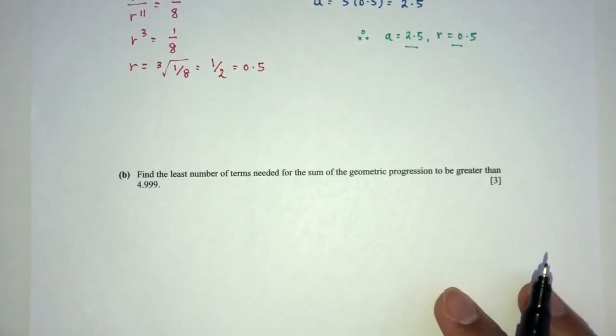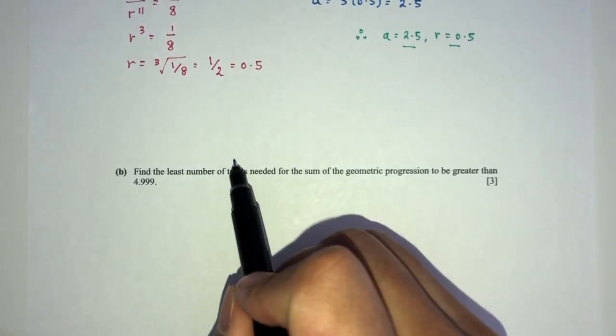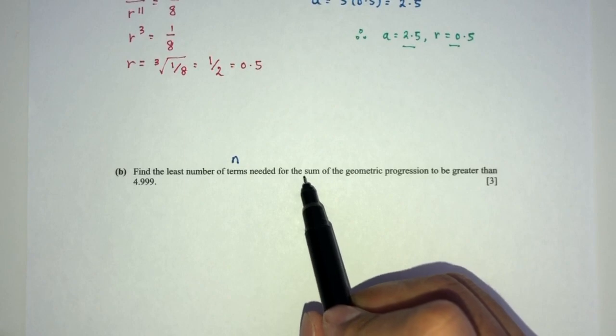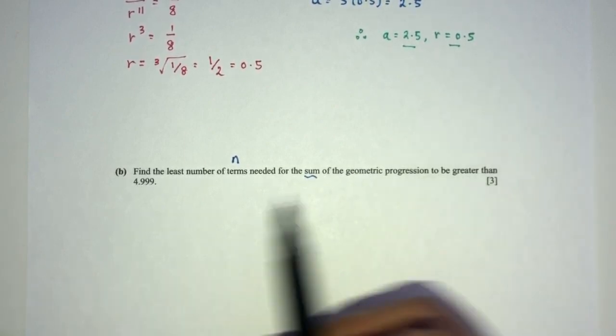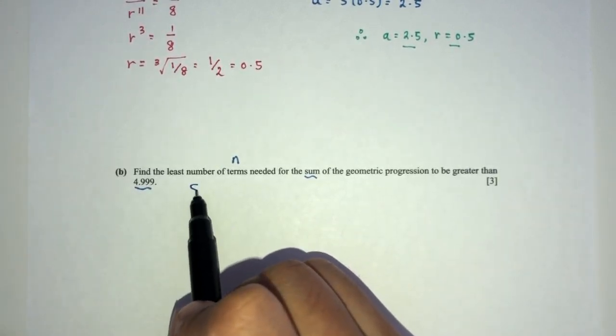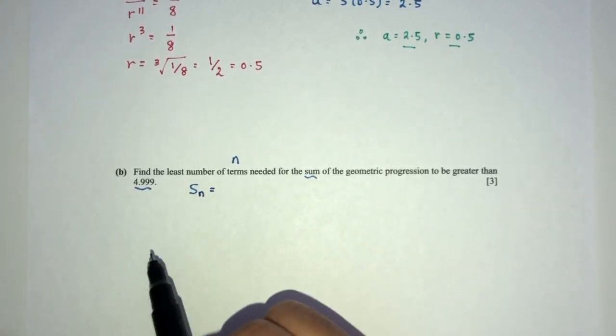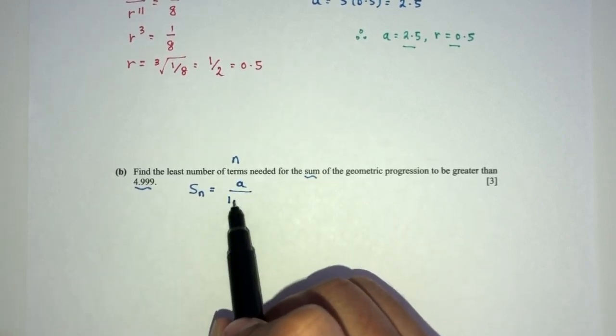Now, for part B, we have to find the least number of terms needed. So the least value of n, for which the sum of the geometric progression is more than this. Okay, so one by one. We know that the sum of the first n terms is given to you by what? Obviously, it is on your list of formulas, which is a over 1 minus r.